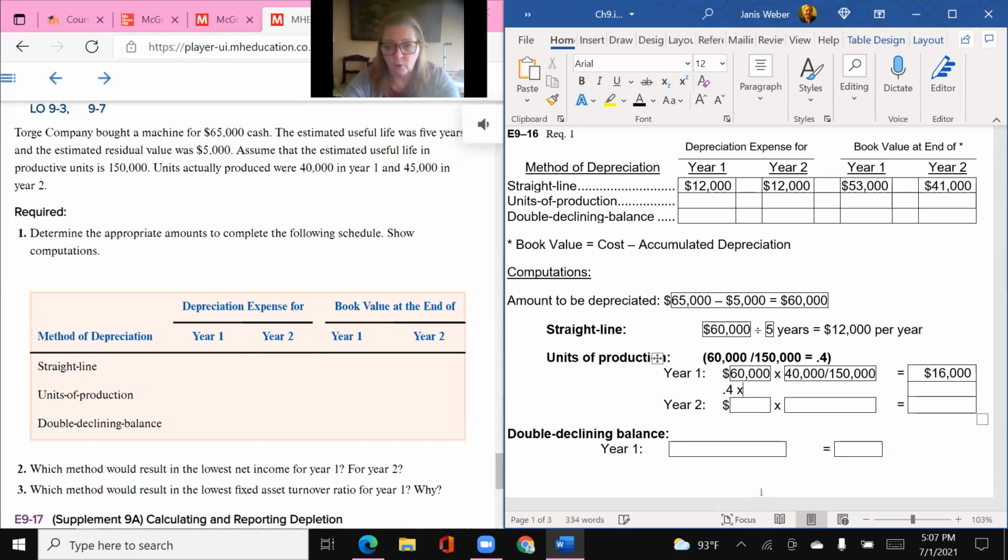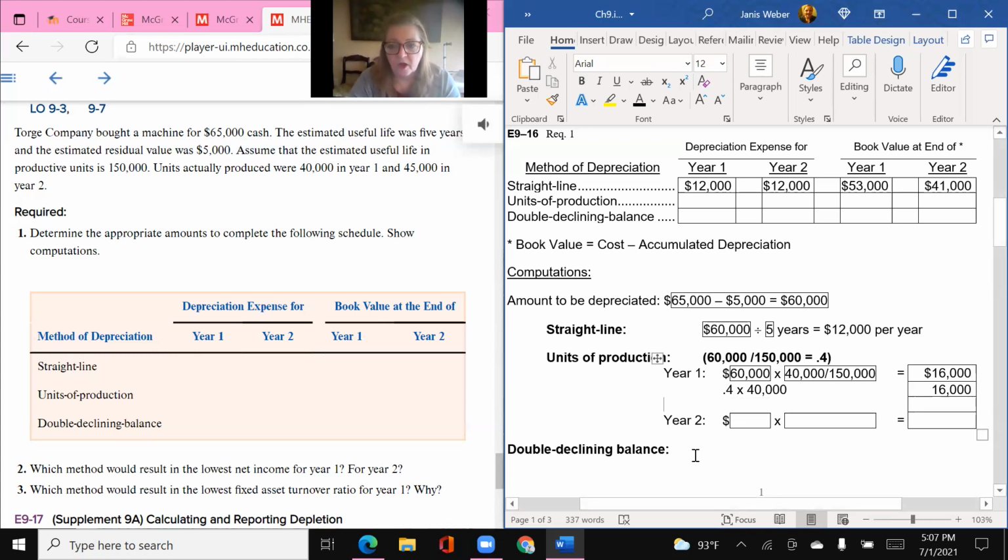So I'd say 0.4 times the production for year 1, which was 40,000. And it would still equal that same 16,000. Right? That makes sense? All right. So 16,000, either way you calculate it, it's the same effect.